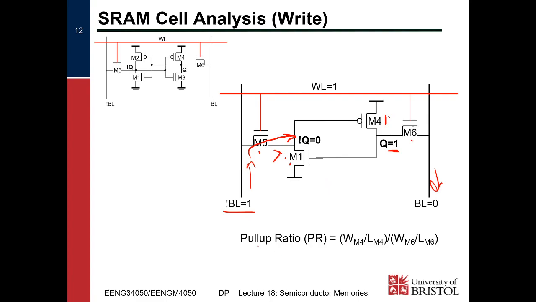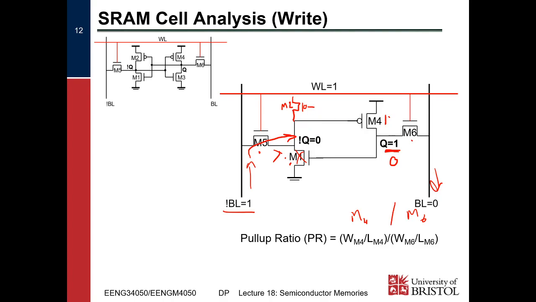So we define the pull-up ratio to be the width by length of M4 divided by the width by length of M6. And then we say as long as our pull-up ratio is high enough, we can overwrite this one here with a 0, thereby turning off this one and turning on M2, right?